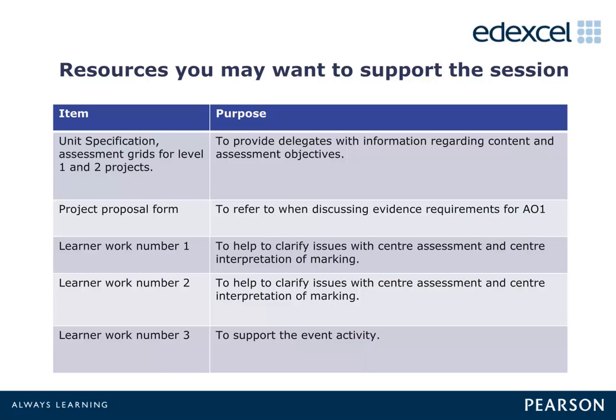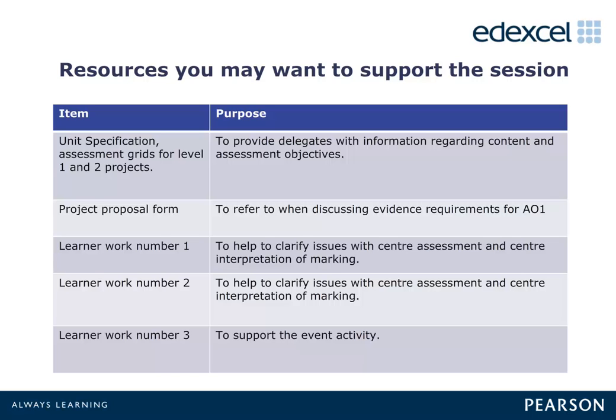To help you get the most out of this feedback, you may want to have the following documents handy, as we will refer to them during the session. You will need the assessment grid for both the Foundation project, Level 1 project, and the Higher project, Level 2 project.